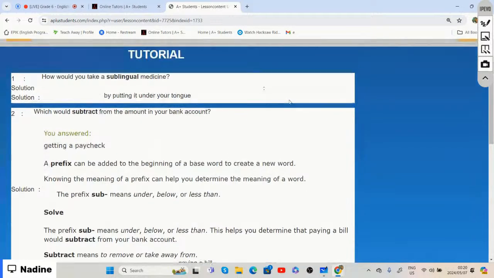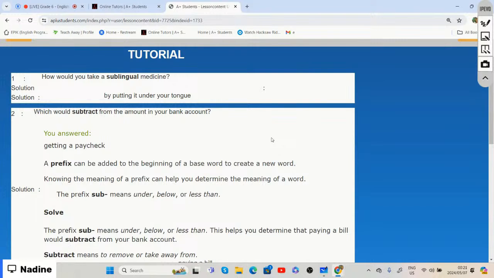All right. So it says, how would you take a sublingual medicine? A sublingual medicine, you will be able to take it by putting it under your tongue. And remember, we said sub means under, below, or less than.